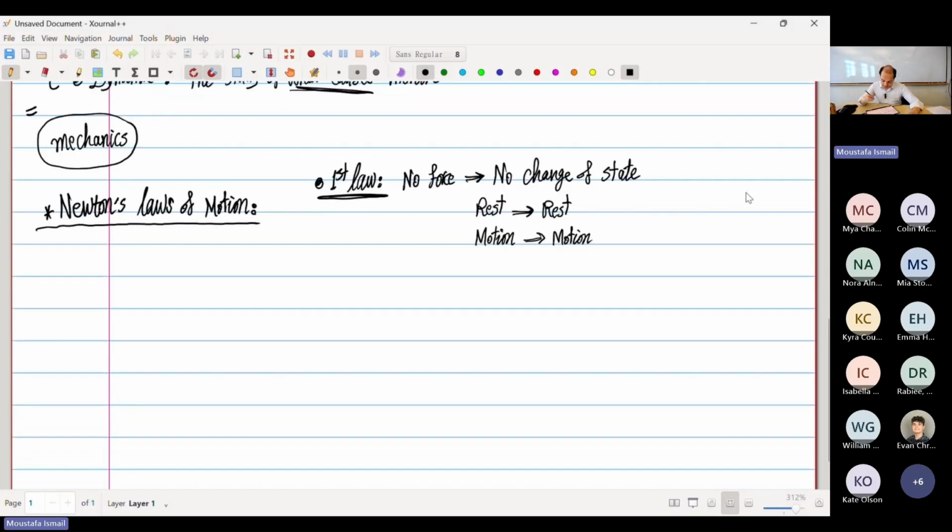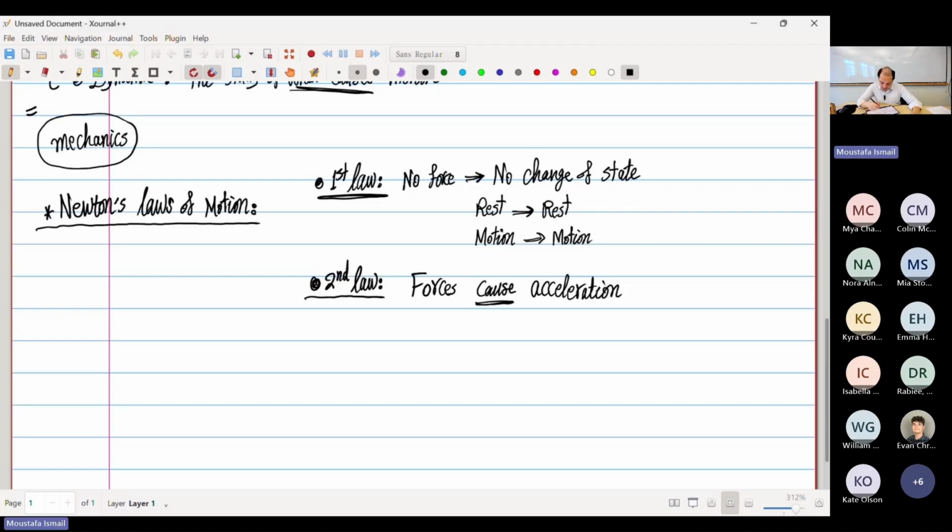Then Newton's second law, this tells us what forces do. What's the effect of a force? So this tells us basically that forces cause acceleration. It's not that forces cause motion. No, forces cause change in motion, change in velocity or acceleration.